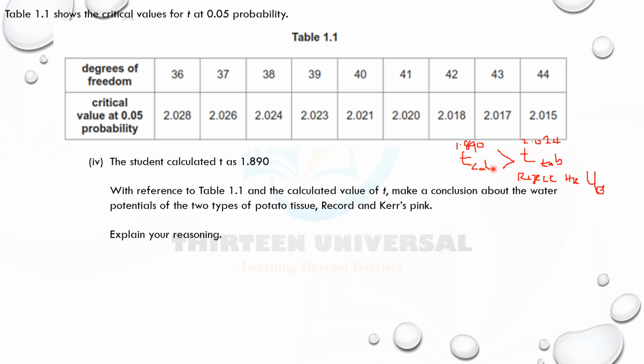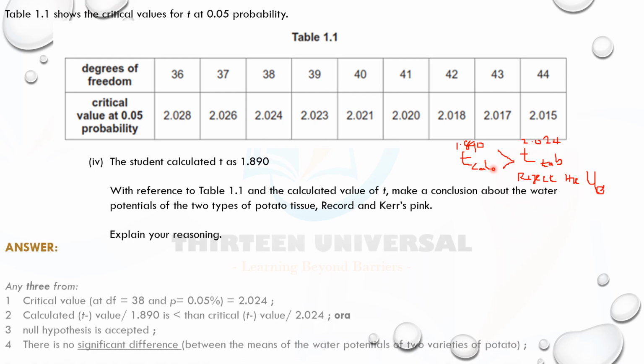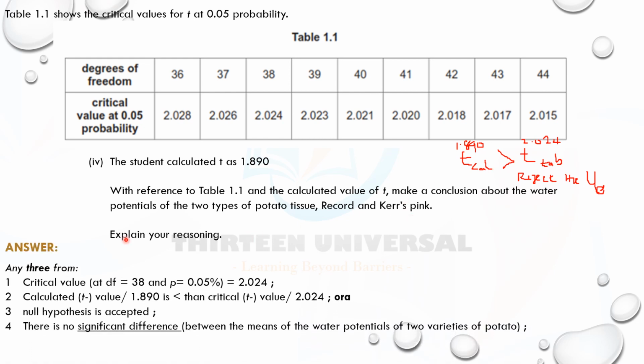So accept the null hypothesis, and therefore you state that there is no significant difference, because the null hypothesis states that there's no difference between the means of the water potential of the two types of potato. So the critical value for 38 degrees of freedom is 2.024. The calculated t is less than the critical value, therefore you accept the null hypothesis.